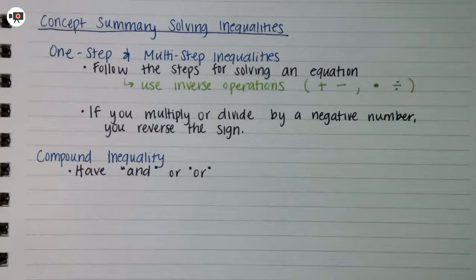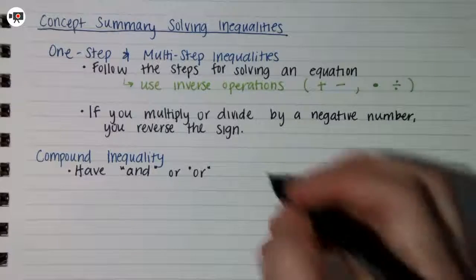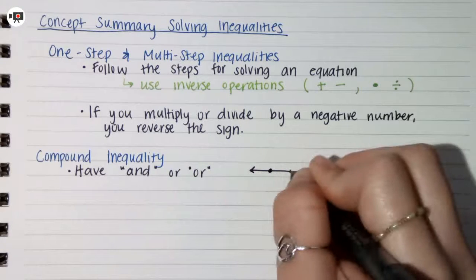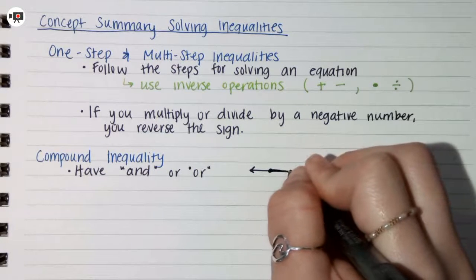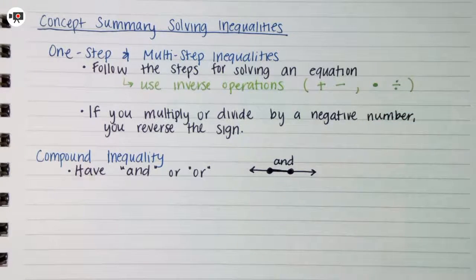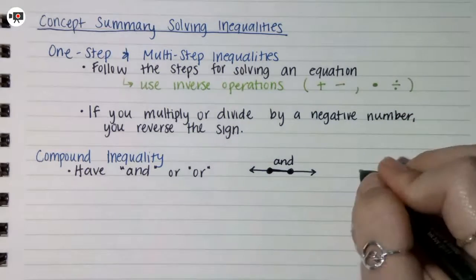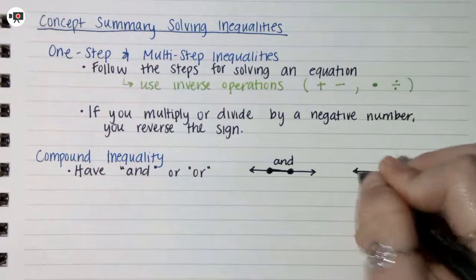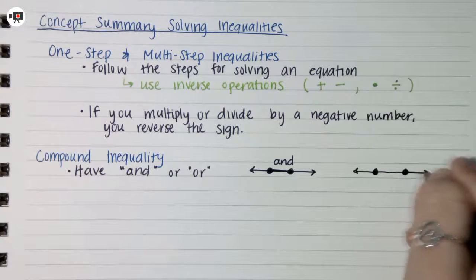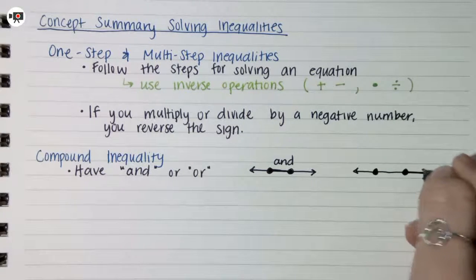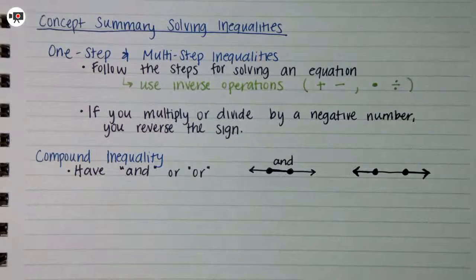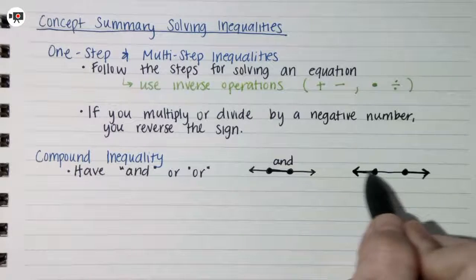Sometimes you have to look at the graph to figure out which way it's going. An and means the middle. And, like holding hands in the middle. Or is the outside. Like paddles in a boat, it's an oar. So that's shading the outside here.